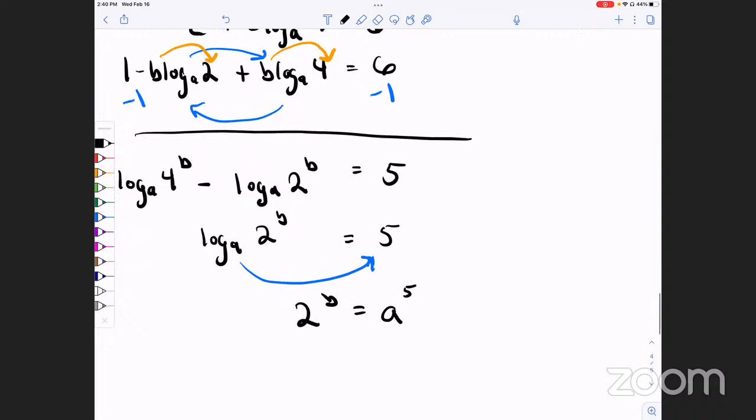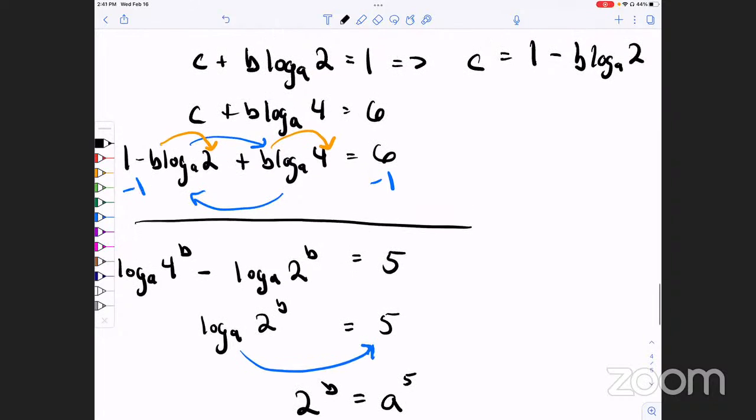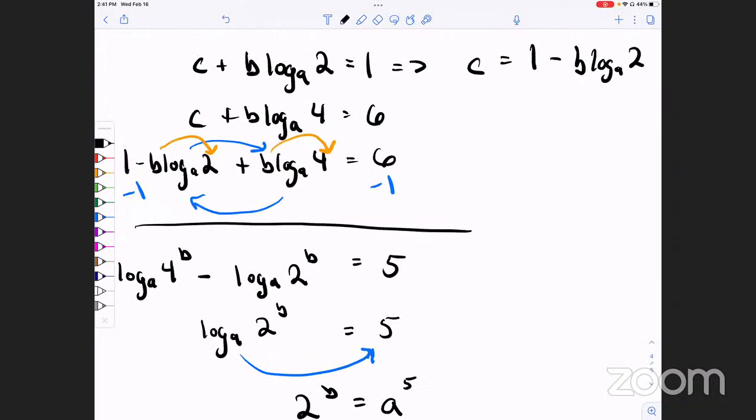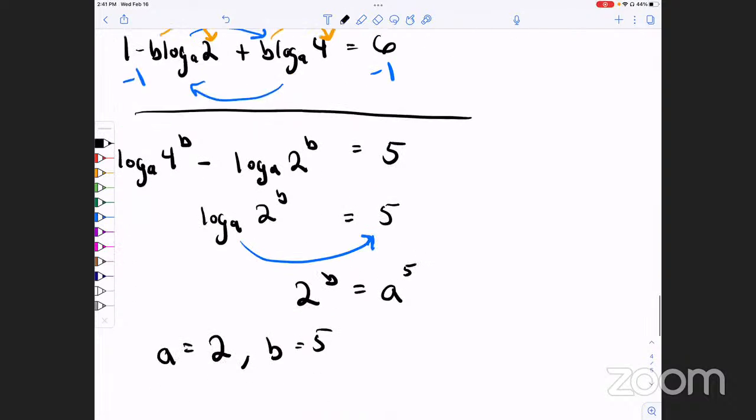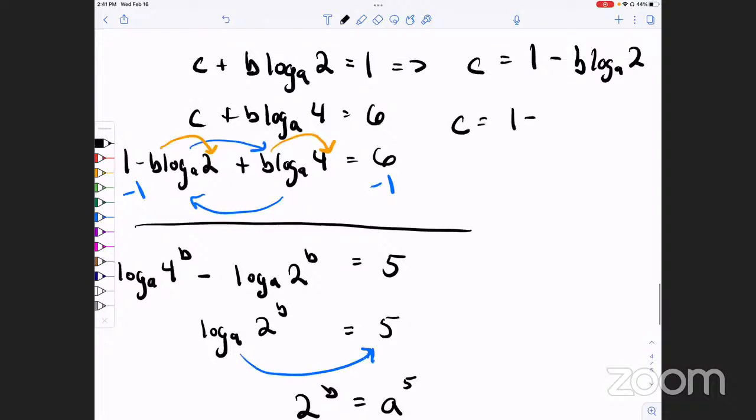So then from this, we get that a equals 2 and b equals 5, and we need to go back and solve for c. So then earlier, we said that c equals this. So we're going to have 1 minus, now our b we got was 5.